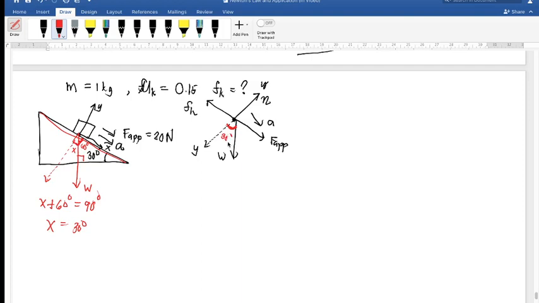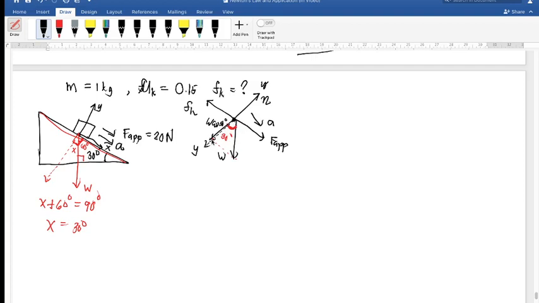So that is the 30 degrees here. Okay, so by using simple geometry, now we can extend also the components of weight. Okay, so the components of weight are this one. So the weight for this one is actually the cosine theta. So this is the weight cosine of 30 degrees.